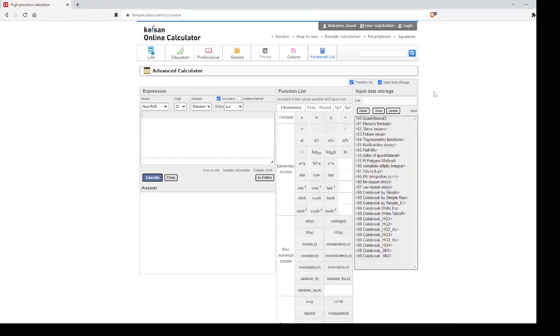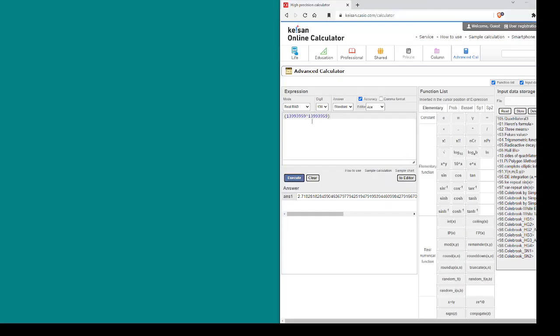This is called Keisan on the Casio.com website. This is a very, very powerful calculator. We're going to see how far we can get using it. So what actually is the largest number that we can get to? We're going to take this number here, which is just shy of 14 million to the 14 millionth power.